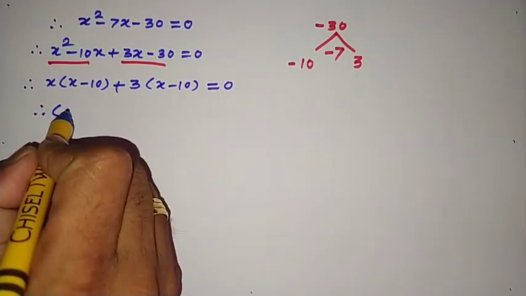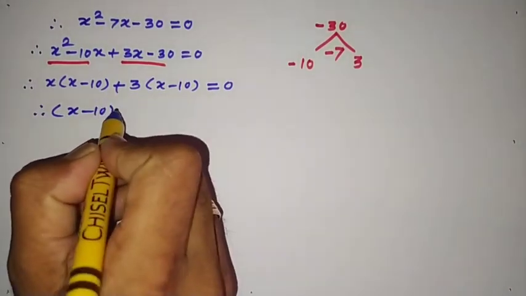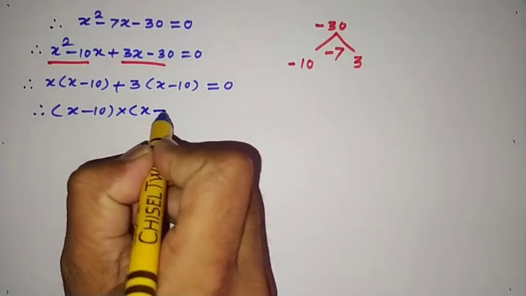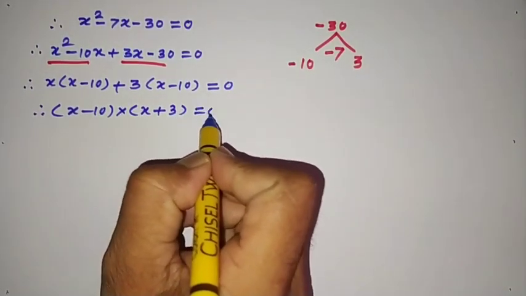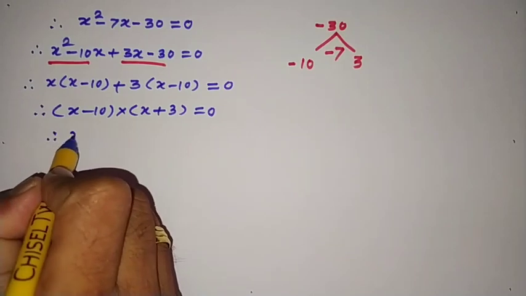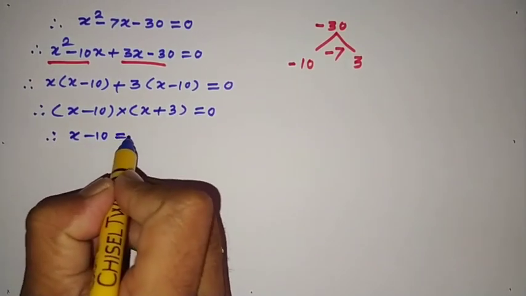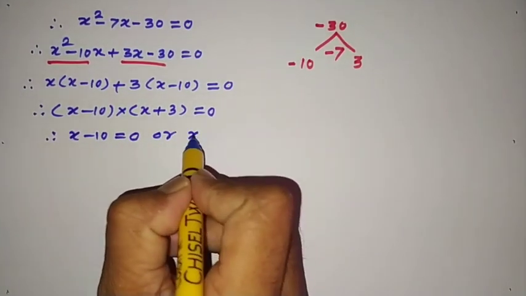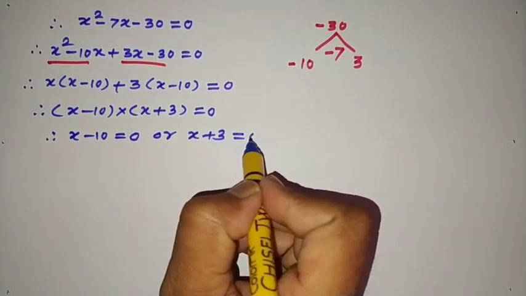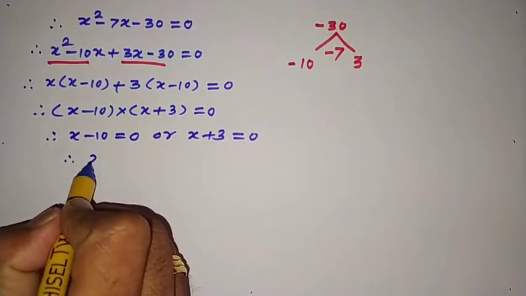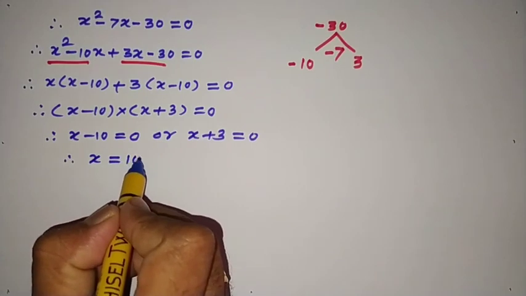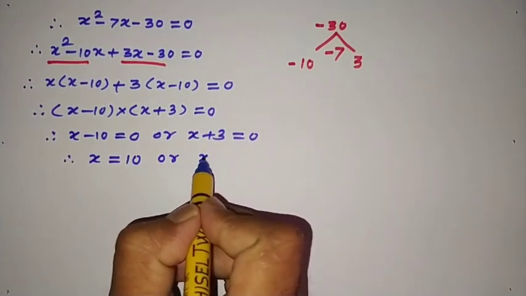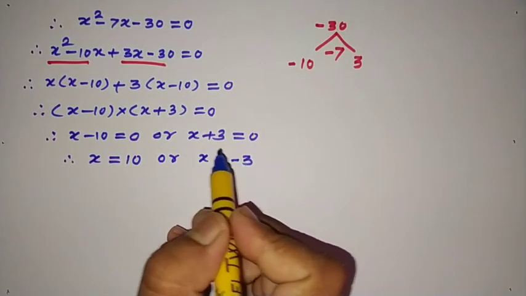Therefore x minus 10 is the common bracket, in the second bracket x plus 3 is equal to 0. Therefore x minus 10 is equal to 0 or x plus 3 is equal to 0. Therefore x is equal to plus 10 or x is equal to minus 3.